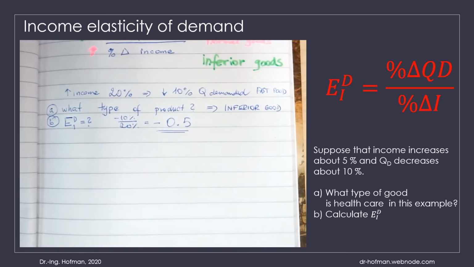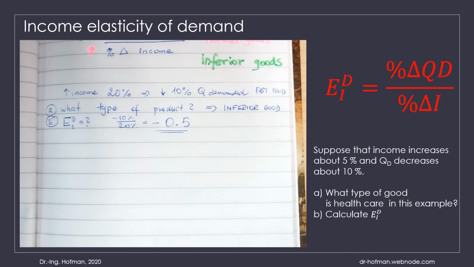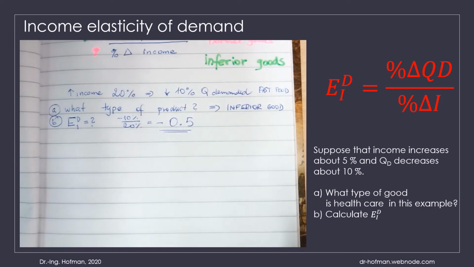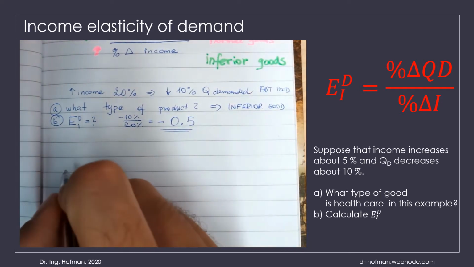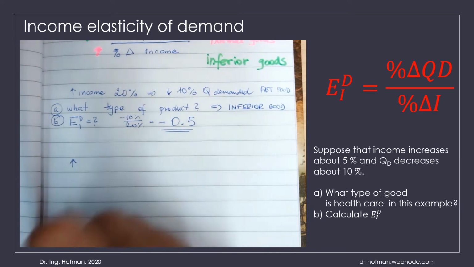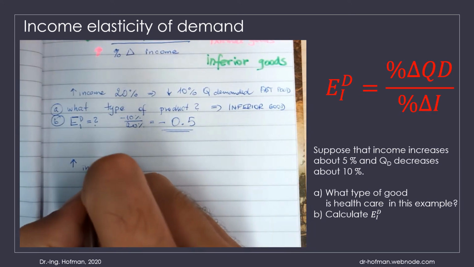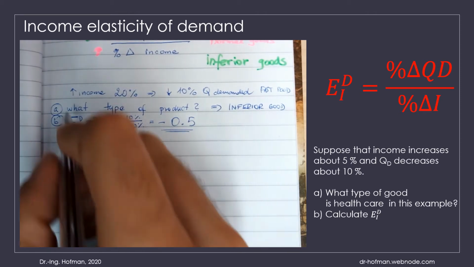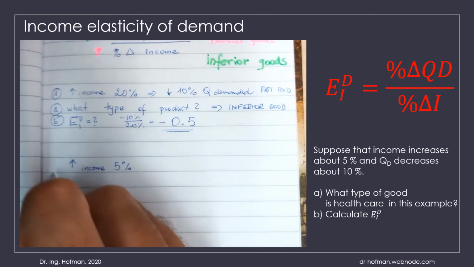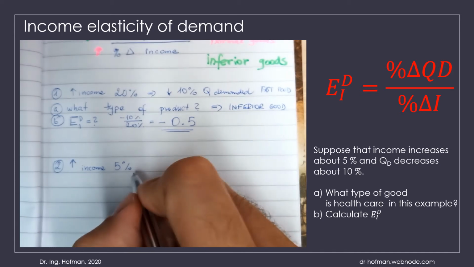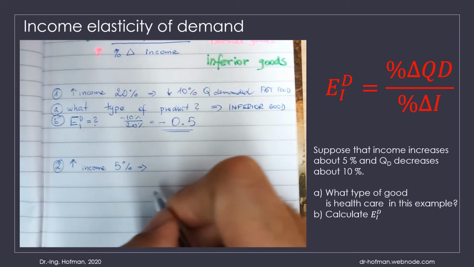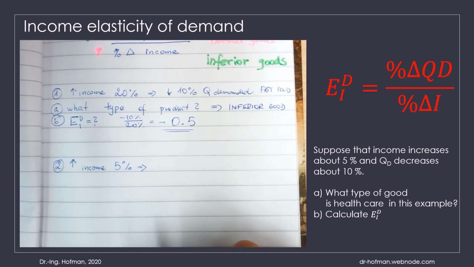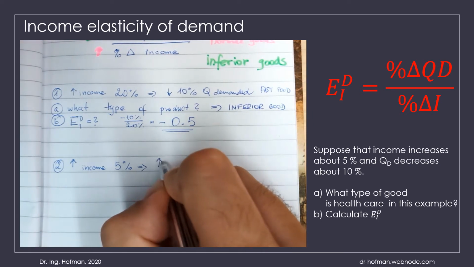Suppose we knew that when people's income increased by 5% in the country, the demand for healthcare increased by 10%.